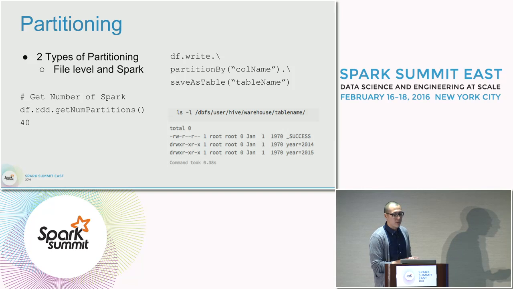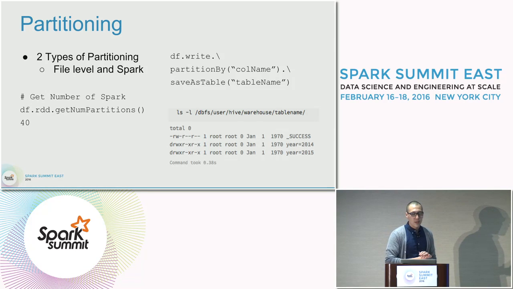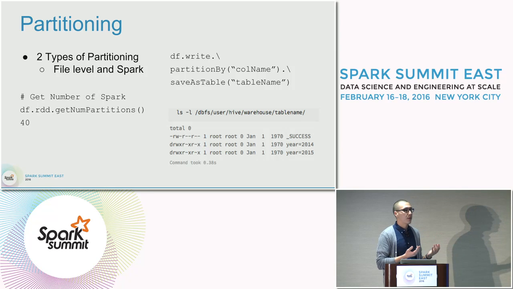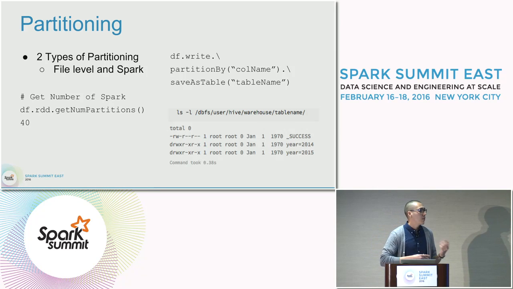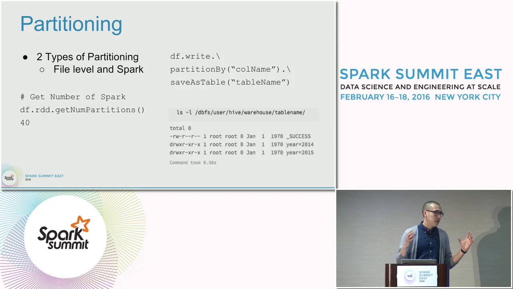The next part of the pipeline that I think is somewhat confusing is partitioning. There are a few different levels of partitioning that occur in Spark. One of them is in terms of the data frame and RDD data abstraction that we have.